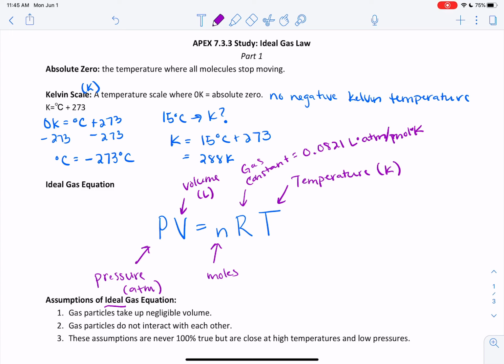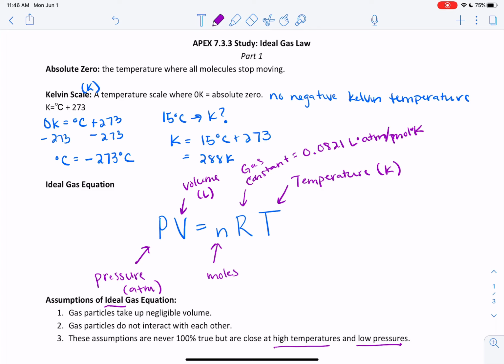And the second assumption is for a gas to be ideal, the gases need to not interact with each other. We said there's these intermolecular forces like in solids and liquids, and in gas, there's mostly not intermolecular forces. So this assumes there's none at all. These assumptions are not ever 100% true. They're just assumptions of an ideal or imaginary perfect gas. But if you have high temperature and low pressure, you can get pretty close to this. So then we can use these equations as a very good estimate.